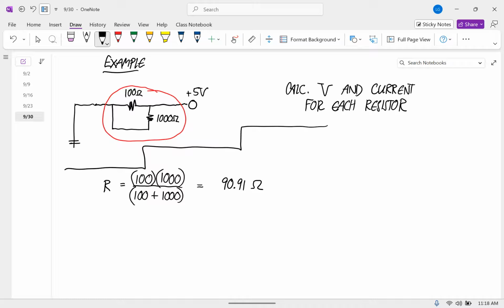Since we know that the voltage for each one of these is the same, the voltage for each is 5 volts.